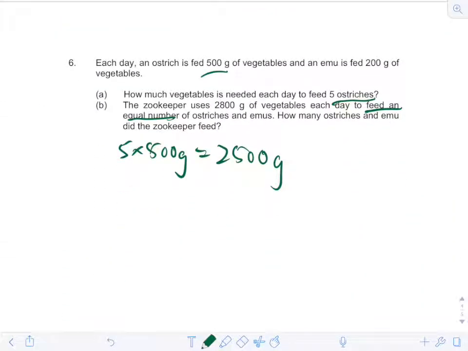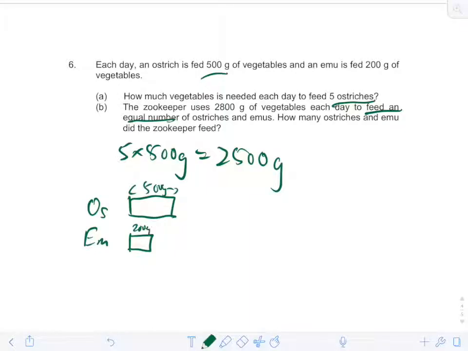We'll say that ostrich, emu will be fed 200 only. So it's 500 grams, 200 grams.